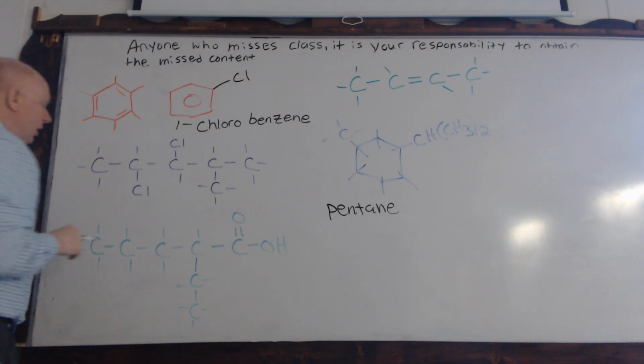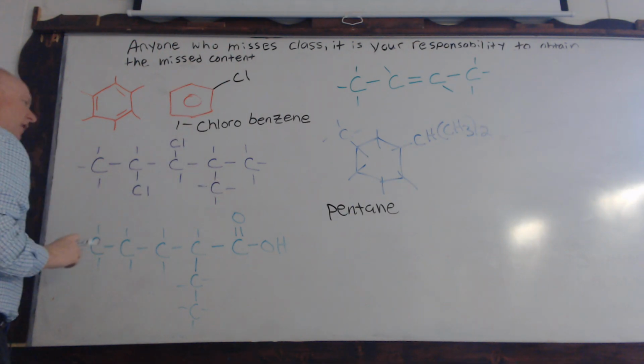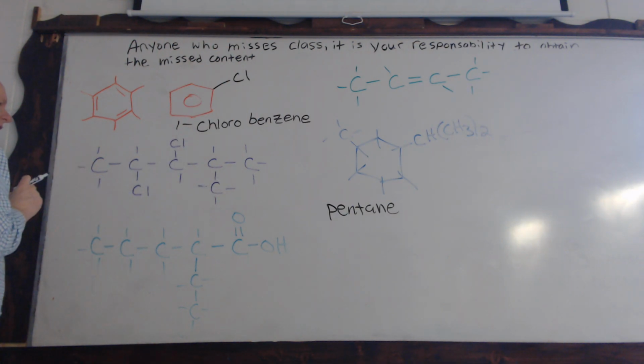Okay? So we have a chlorine, and then a methyl group. So then alphabetizing these, who's coming first here? It's chlorine. Chlorine goes first.